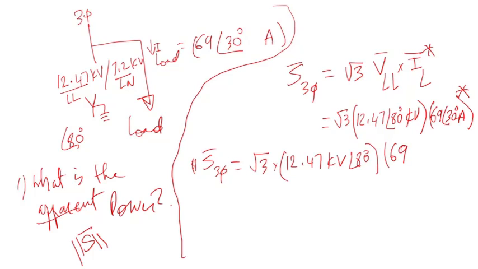I want to get rid of the conjugate, so I have to invert the sign of the 30. Since it's positive, I'm going to make it negative 30 degrees.